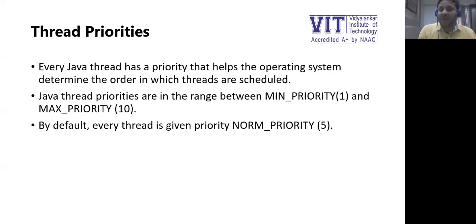The priority of a thread ranges in constant value from 1 to 10. The minimum priority that can be assigned to a thread is MIN_PRIORITY, which has constant value 1. I can directly use set priority. If T1 is a thread object, I can write T1.setPriority(1), which will assign a priority to the thread.